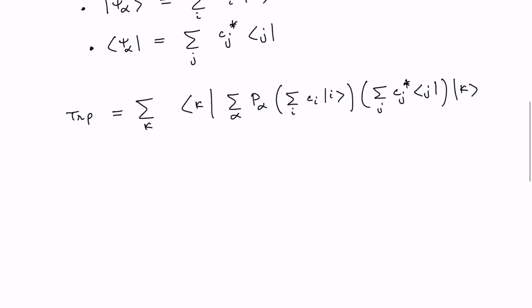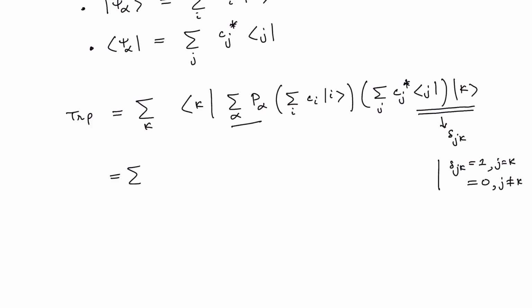Now you see this is the scalar product between j and k, and this is nothing but Kronecker delta jk. And as you know, delta jk is equal to 1 if j is equal to k, and it is equal to 0 if j is not equal to k.